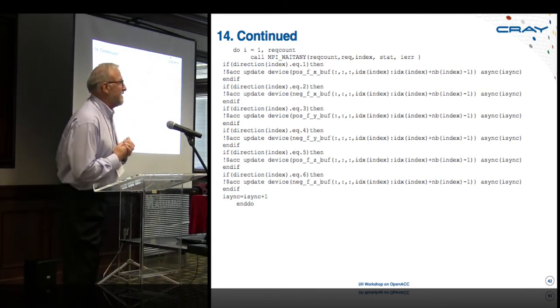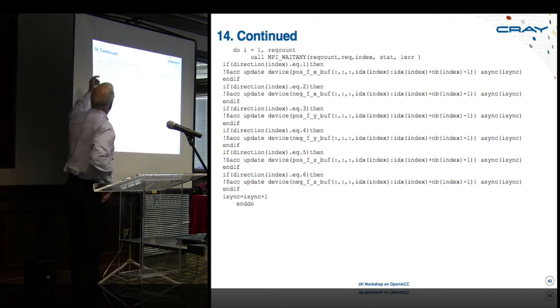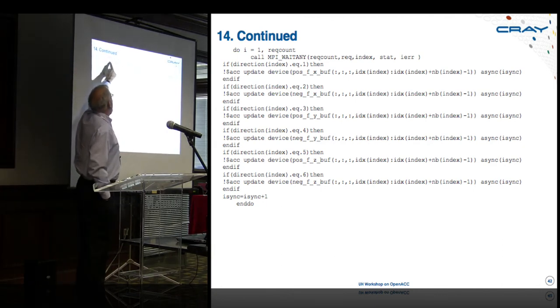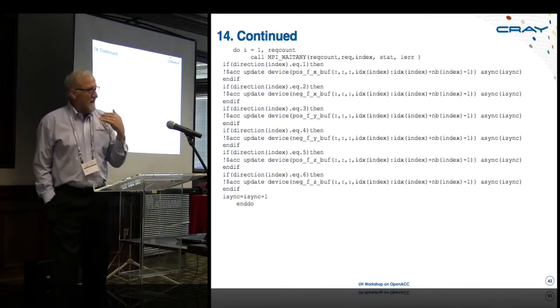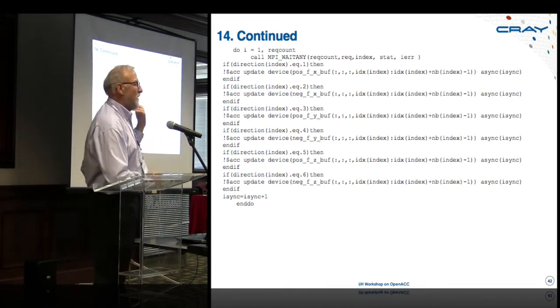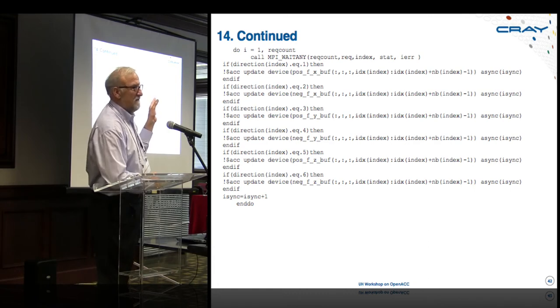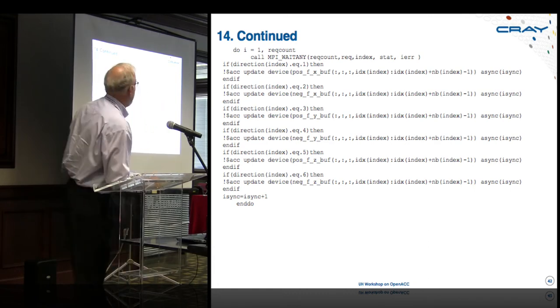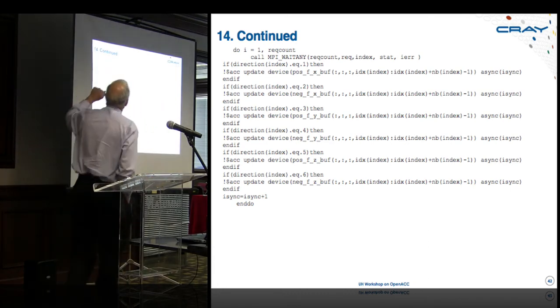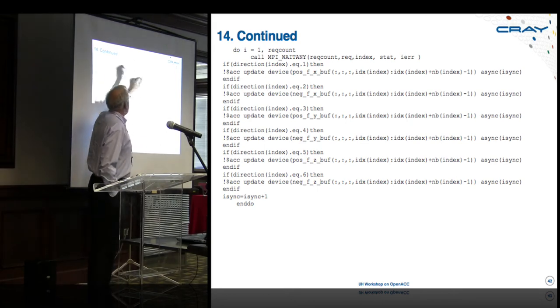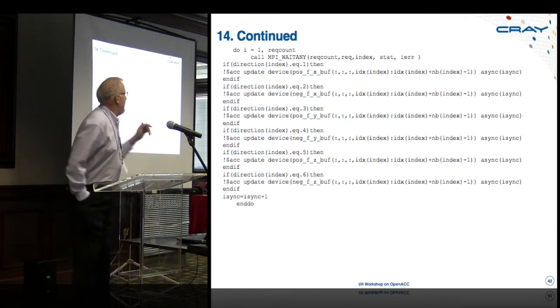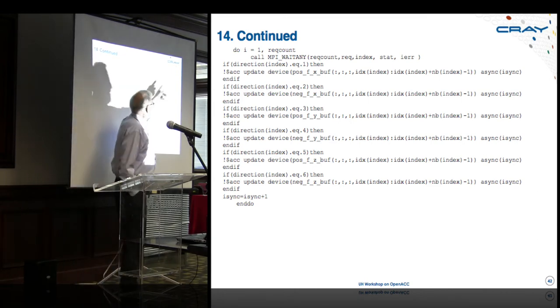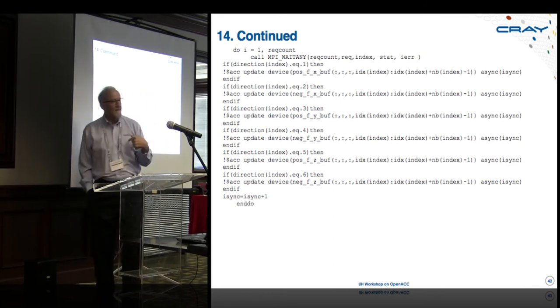So when you're doing this, you really want to pay attention that as you receive the message, you wait on any message, not a specific message. Then, depending upon which message it is, you update the device. And this is all using async.